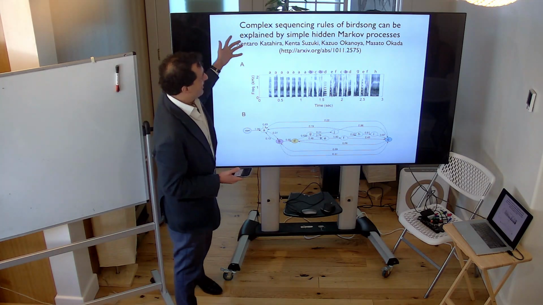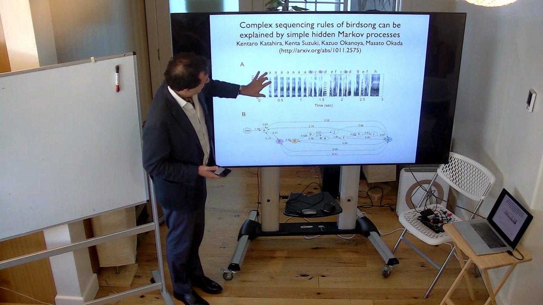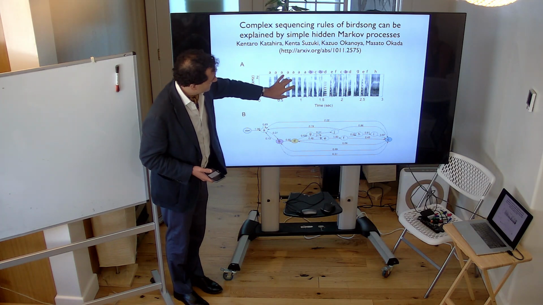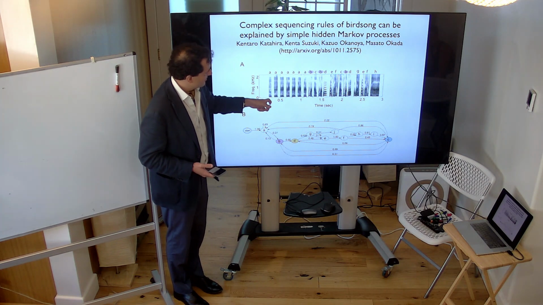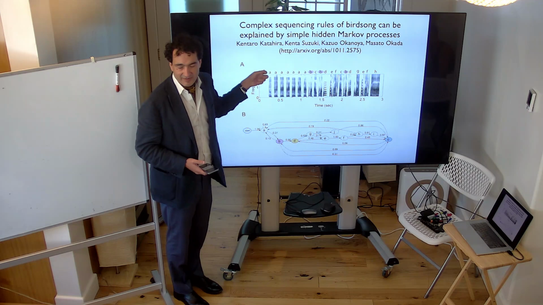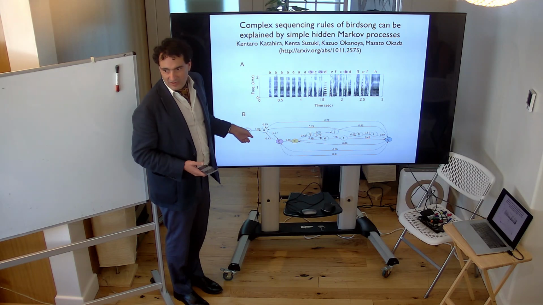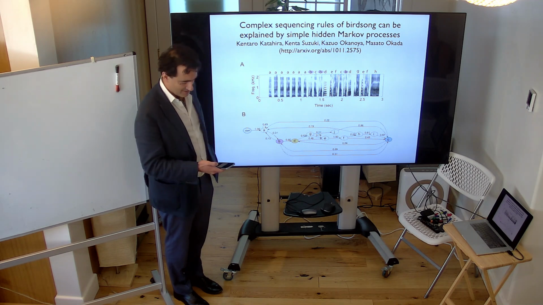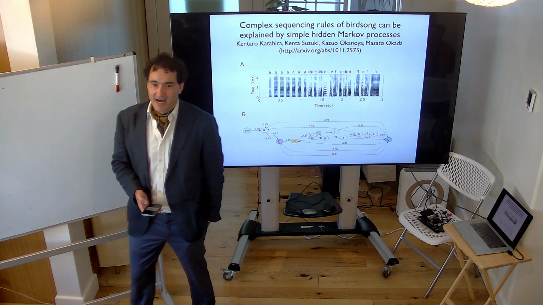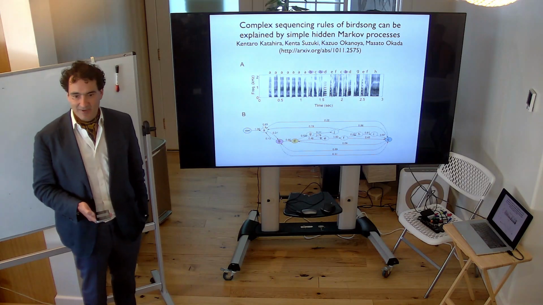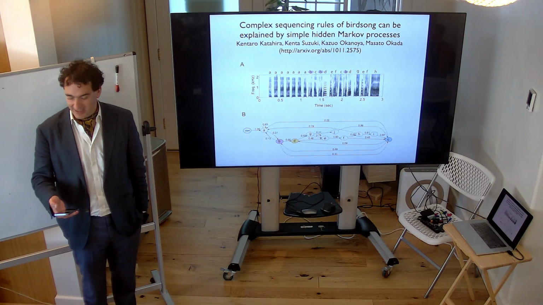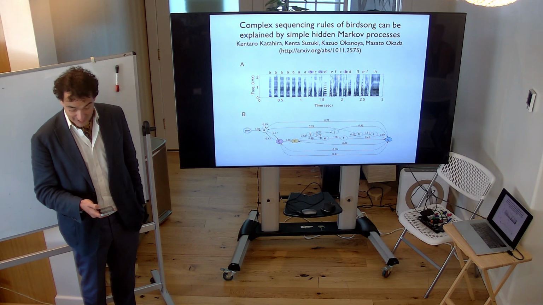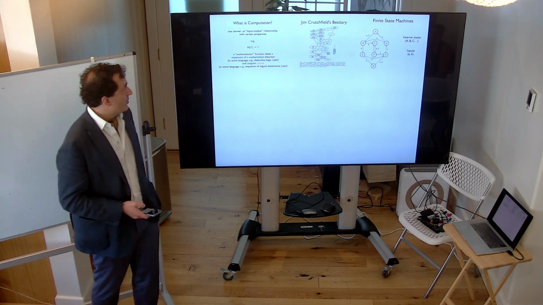People can record them and coarse grain the sounds that the bird makes into characteristic symbols, so a finite set of symbols. And then you can model that bird song as a finite state machine. So these are just a few examples of where this kind of computation happens, either in engineered systems or in natural systems.